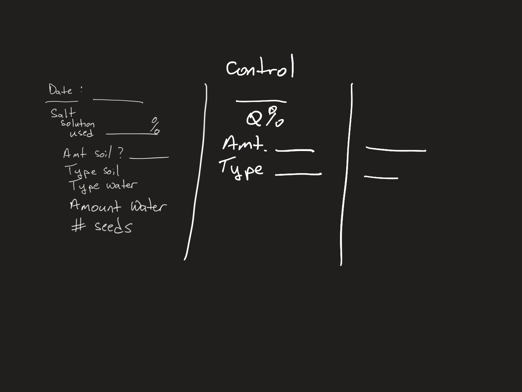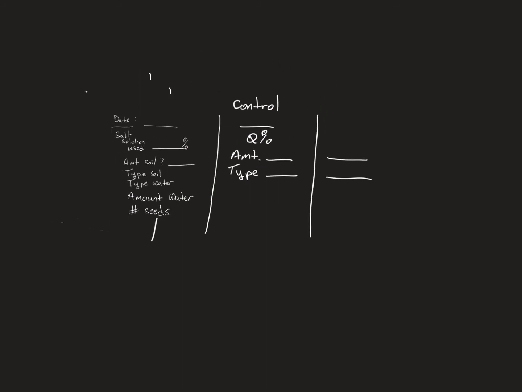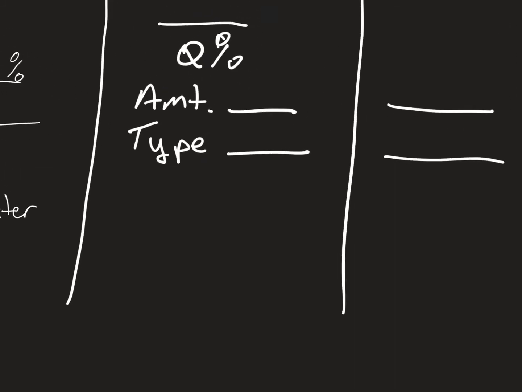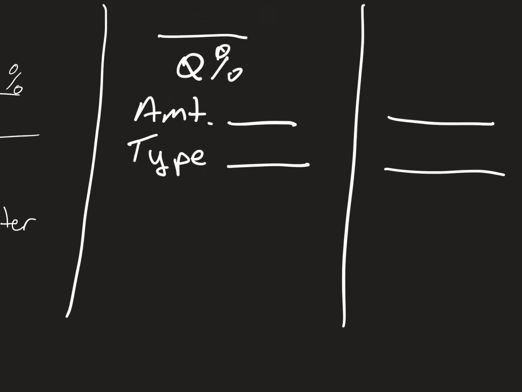Does that make sense? For the control group and for each of the experimental groups, you're going to have all the same. So type is garden soil. Now, to be clear, you would normally not say garden soil. What you normally say is loamy, silty, sandy.